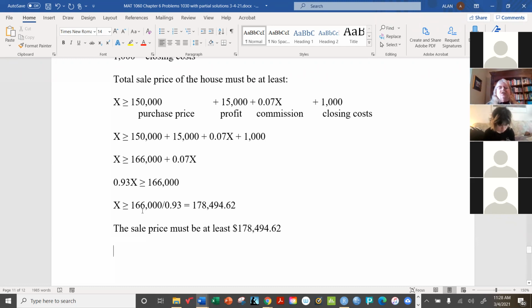All right, now let's double check it. So the total price of the house must be at least, and so remember, we were told it has to be at least this much.